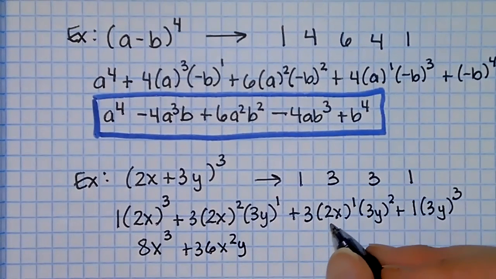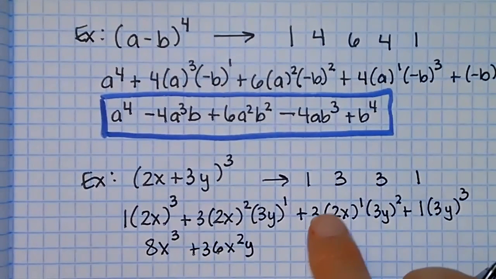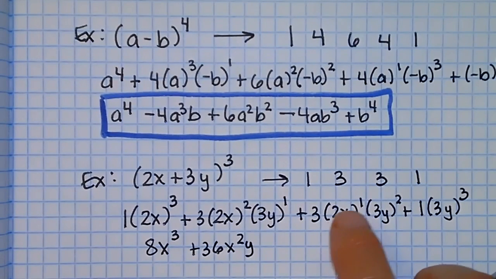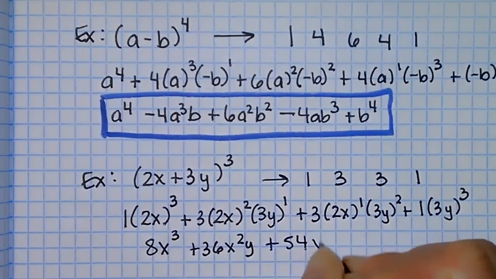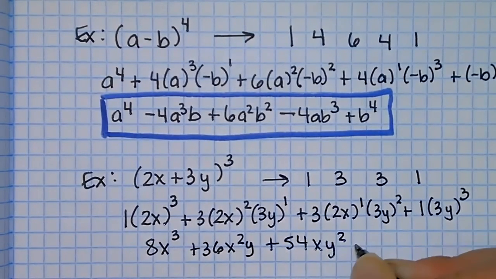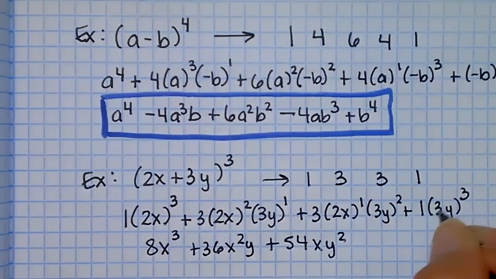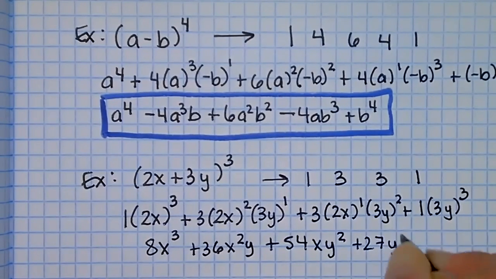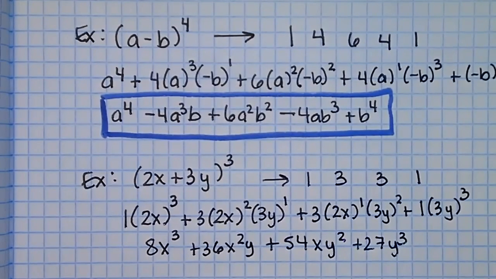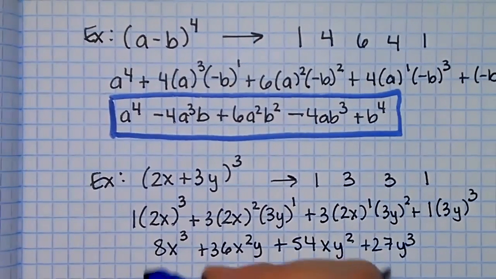This one here, 3 times 2, because this is 2 to the first, times 9. This is a 9. So 3 times 2 is 6. 6 times 9 is 54. So this is going to be 54xy squared. Over here, this is a 3 to the third. So that's going to be 27y to the third. And we just multiplied out 2x plus 3y to the third.